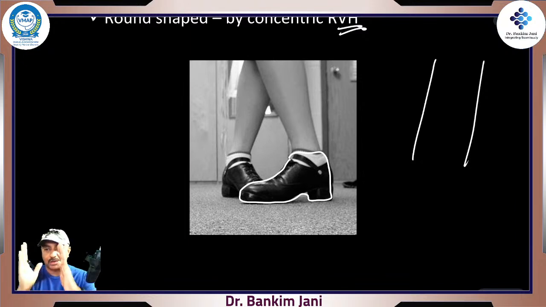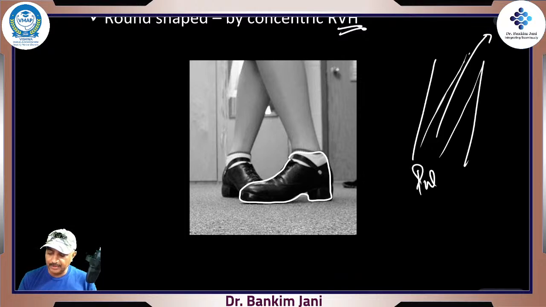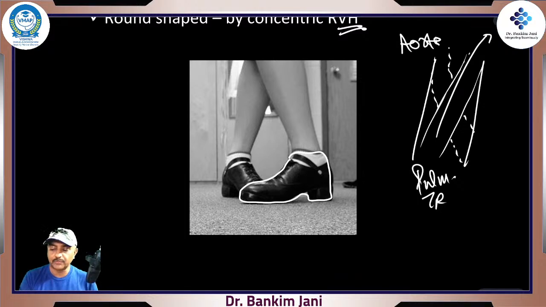There is a common trunk, and in that there is formation of a spiral septum. That spiral septum leads to the formation of the pulmonary trunk, and the rest is when the aorta is formed.